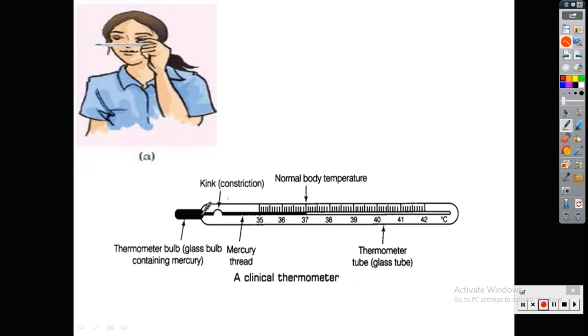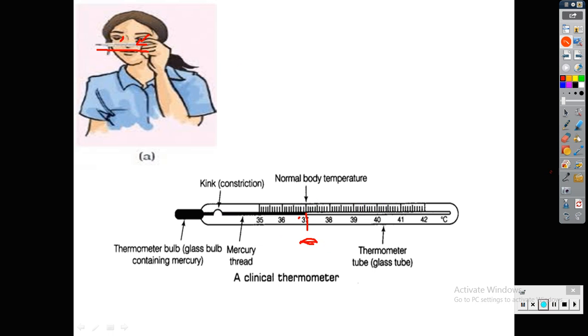After taking it out from the body of that person, we have to read it in the line of sight. That means it will be in a straight line with the eyes. Then only we can see the correct reading directly, if our eye is exactly on a straight line with the thermometer.